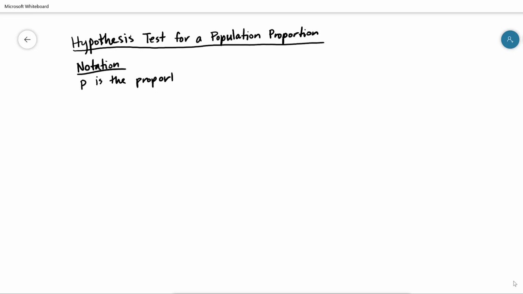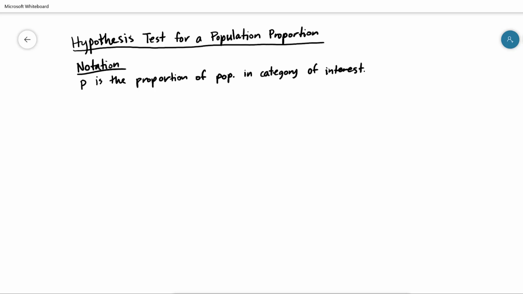So it's the proportion of the population that is in some category of interest. For example, if I want to know what proportion of the population plans on voting in an upcoming election, something related to that, asking some sort of question about that type of proportion, that would be this type of hypothesis test.